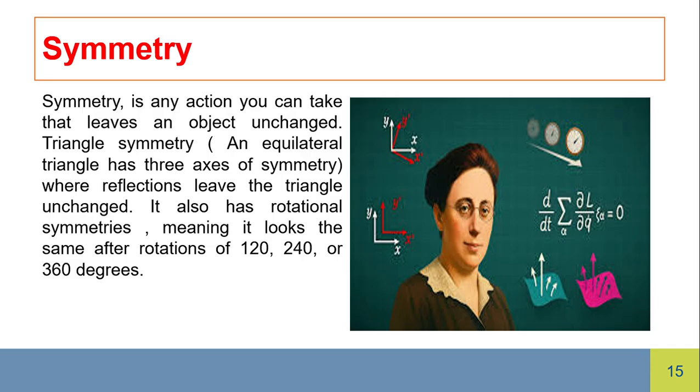The derivative will remain the same if we change the function by a constant. So this shift can be any amount, not just specific fixed values like the rotations of a triangle. So the derivative of the function remains unchanged regardless of the constant added.